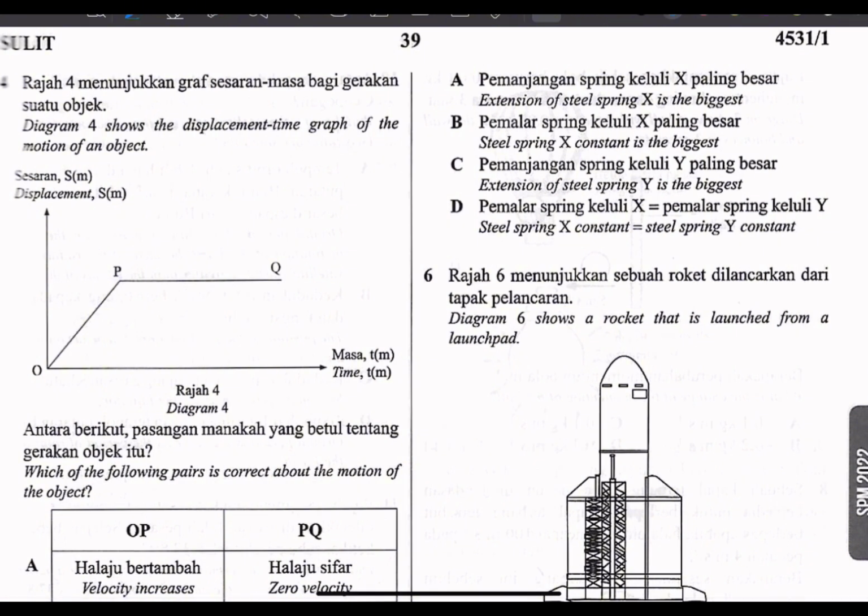So question 4. This is a motion graph. It shows the displacement against time graph. Okay, we do have two types of motion graph. The first one is displacement against time. From this type of graph, we know that the gradient will be equal to the velocity.